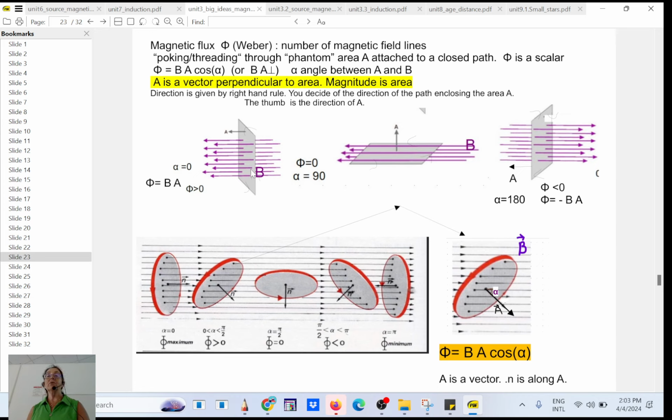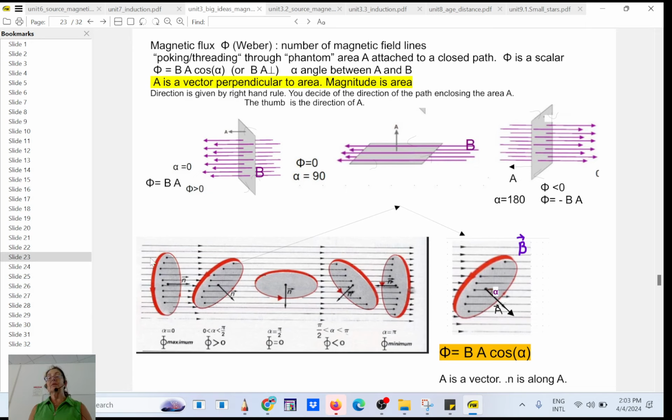For example, if you have a loop made of copper wire, you can imagine a membrane attached, and the flux will be the number of lines poking through. Here the flux is maximum, here the flux equals 0. The flux is again maximum, but if you flip the orientation of your area, then the flux is going to be negative. But you don't have to worry about that.